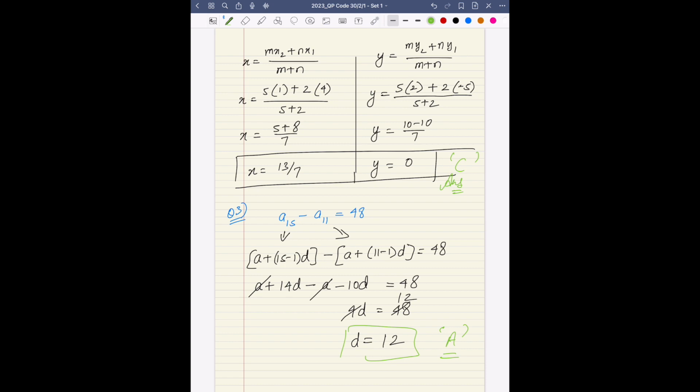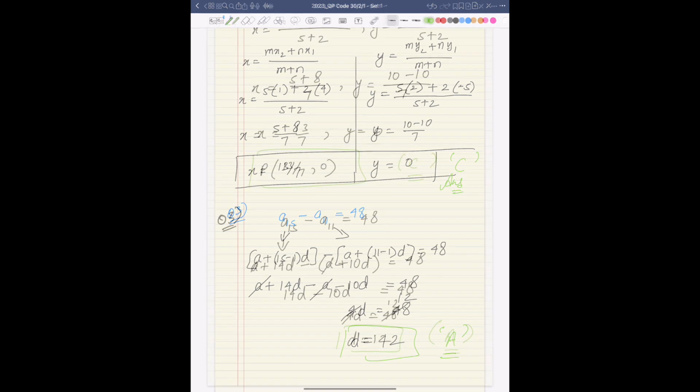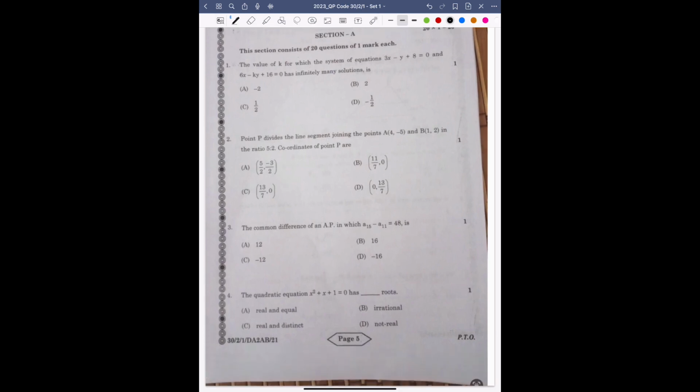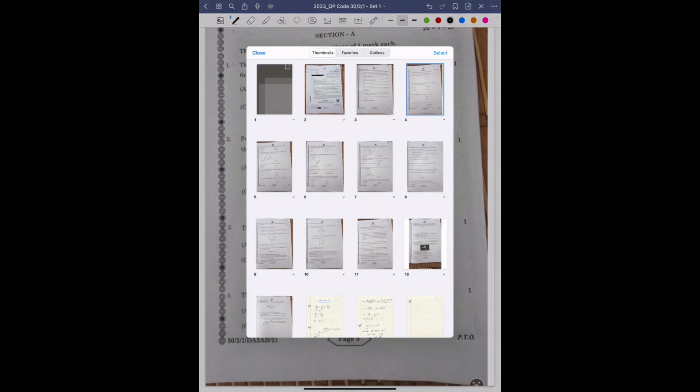Okay, pretty easy. Question number 4 is very easy. It is from nature of roots. So question number 4 says, basically you have to find the nature of the roots. The quadratic equation has dash roots: real and equal, irrational, real and distinct, not real. So again, if you know this, we need to use our discriminant. What is the discriminant?